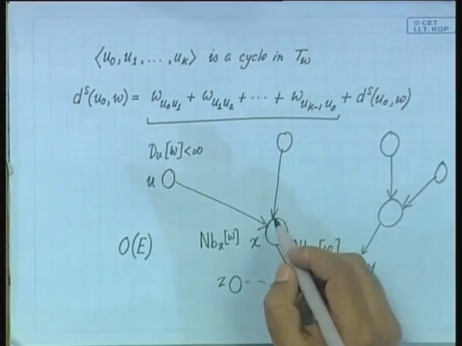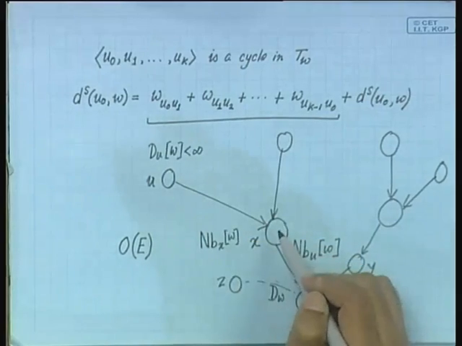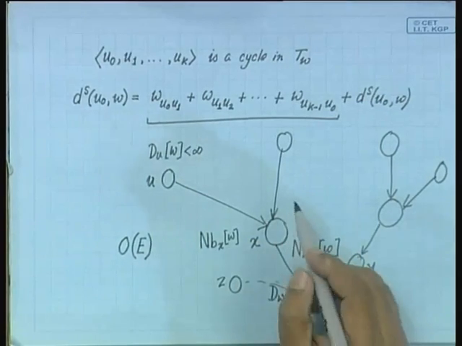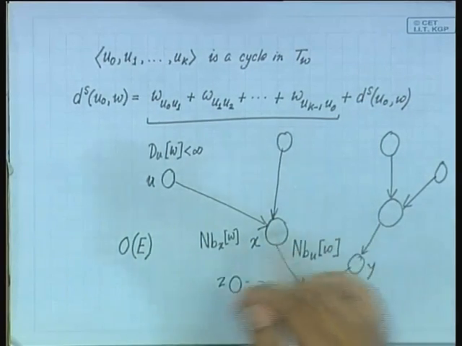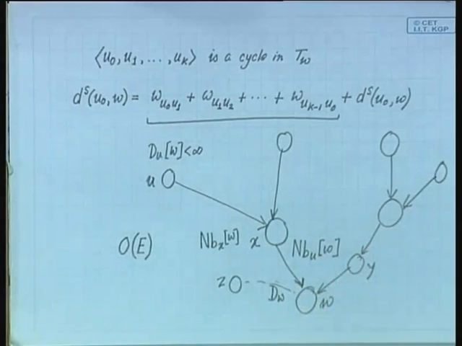Then similarly, you will tell x that I am your parent, right. But because these nodes do not know which are its parents, it will have to communicate to all its neighbors, and only the parents will respond back saying that, yes, we are your parents, okay.